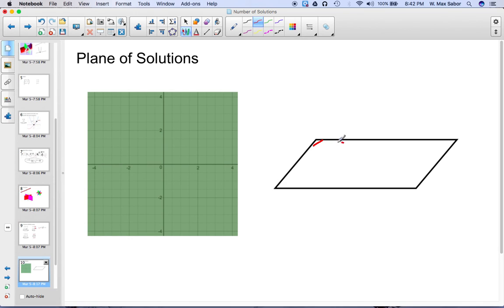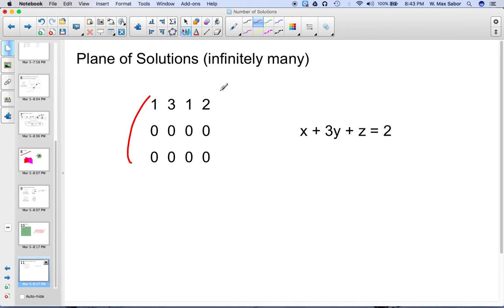If we have 3 planes that all land on top of each other in 3 dimensions, then there would be a plane of solutions, and that looks like a matrix where all of the rows are empty except for the first one, and it looks like this: x plus 3y plus z equals 2.